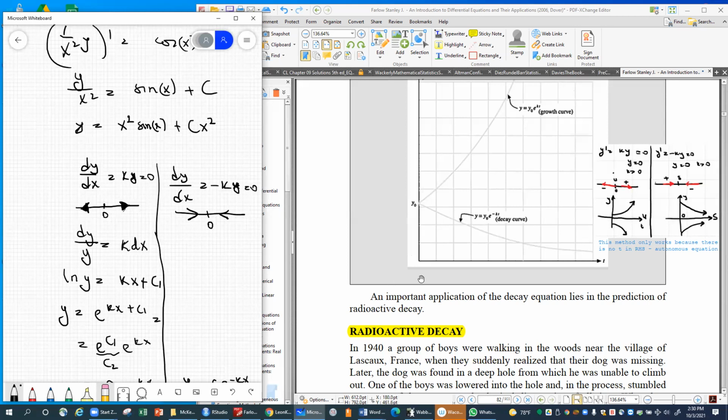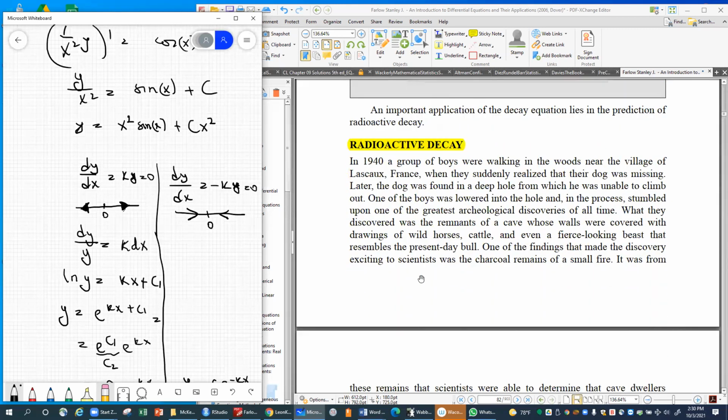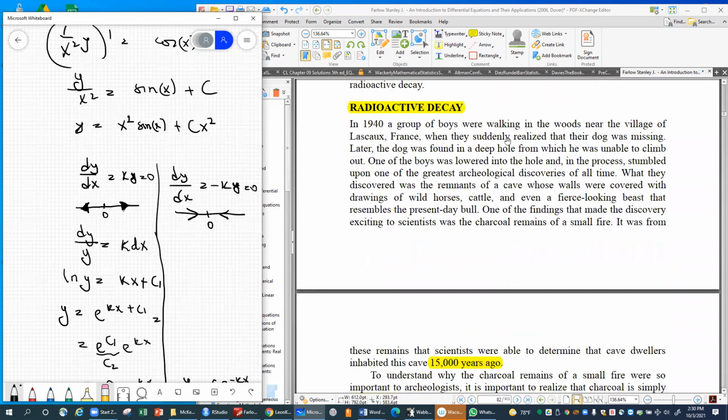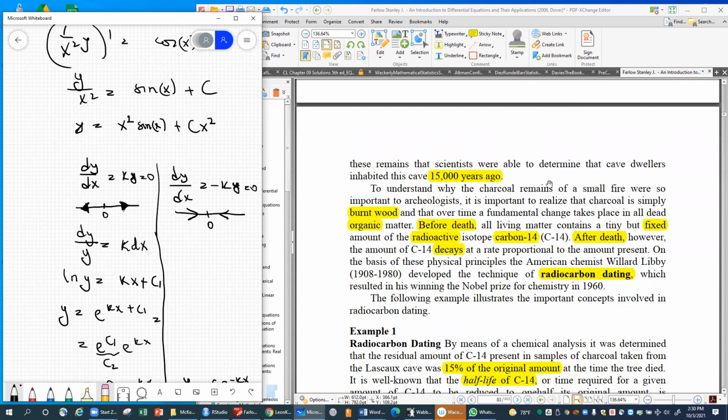So what are the examples of growth and decay? There are actually a ton of them. A classical example of decay is radioactive decay. There is an interesting story here about finding some fossils, one of the greatest archaeological discoveries. These remains turned out to be 15,000 years old.